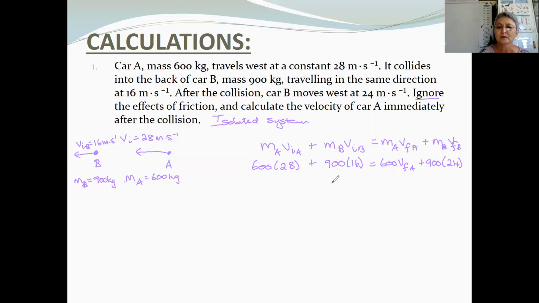So we get the final velocity of A is 16 meters per second, and the fact that it's a positive 16 means that it's going west. Because all the motion is to the west, everything is taken as the positive direction of motion.